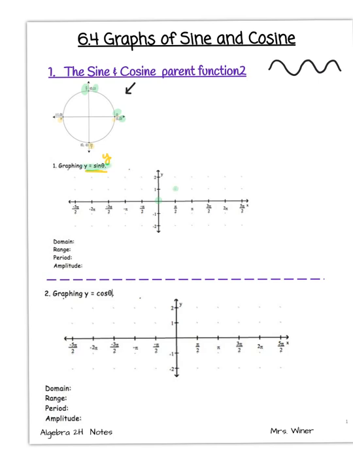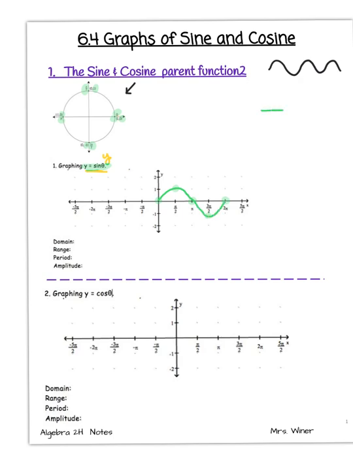Going around the unit circle, at pi I plot the y value of 0, at 3 pi over 2 I plot negative 1, and then back at 2 pi, again I plot 0. I connect that, and this is the graph that I get between 0 and 2 pi.